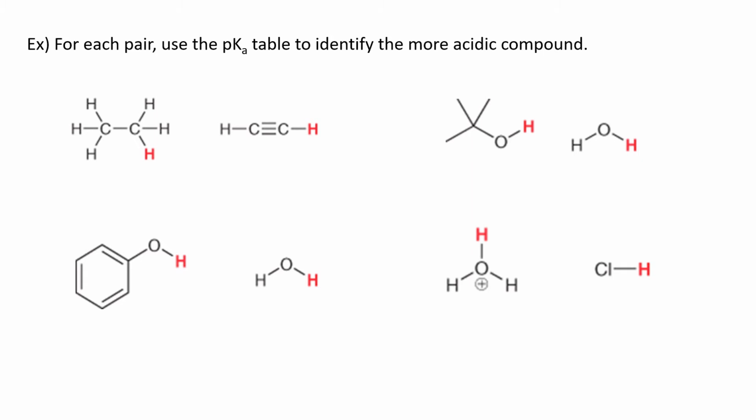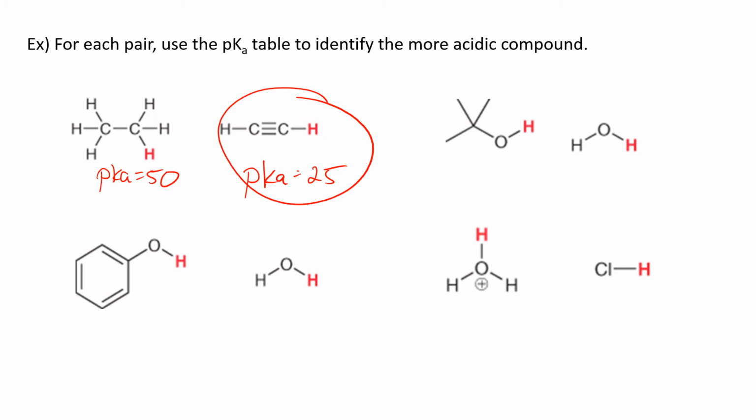All right, hopefully you were able to give this a shot. Let's take a look. Our first compound, it's at the very bottom of the pKa table. The pKa is 50. And the next compound, that also has a pKa at the bottom of the table, the pKa value listed for this is 25. So the lower the pKa, the more acidic. So that's our more acidic compound.